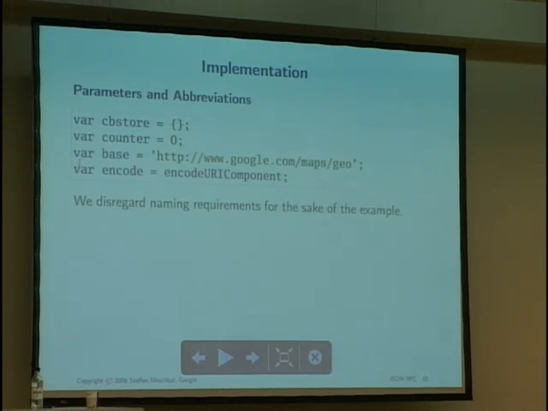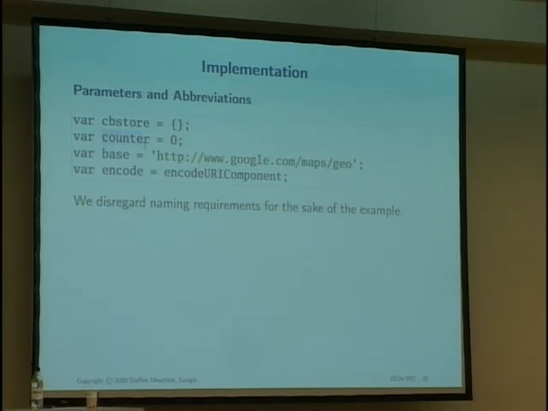Before we start, we need a few global variables and abbreviations. For the sake of this example, we disregard naming requirements that are usually imposed by larger applications. So for instance, it is very adventurous to have a global variable called base. We just have it here for simplicity, but in a real application, of course, you have to encapsulate that in a namespace or invent a prefix name or something. The same for counter.